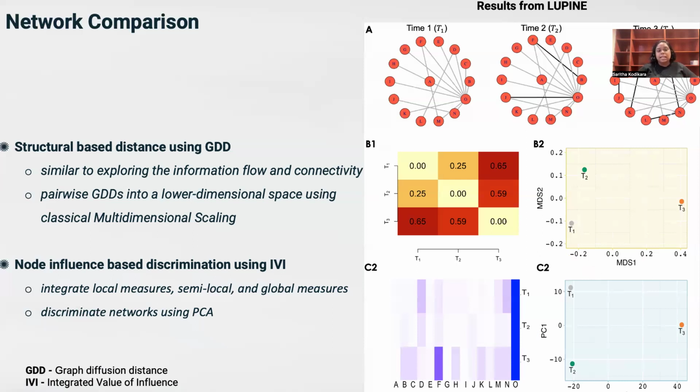Again, you see a similar inference to the previous plot, even in the PCA. You see that T3 is far apart from T1 and T2. Basically, in the first principal component, we can distinguish T3 from the other 2 networks. So that's how I have compared the networks across different time points.